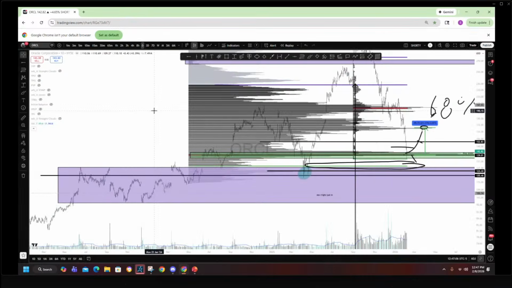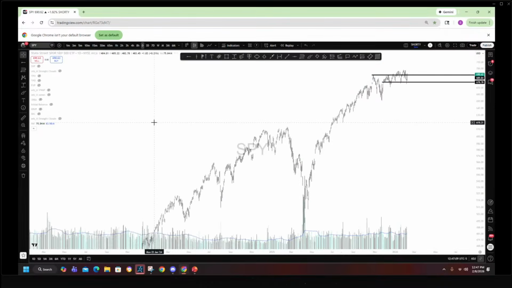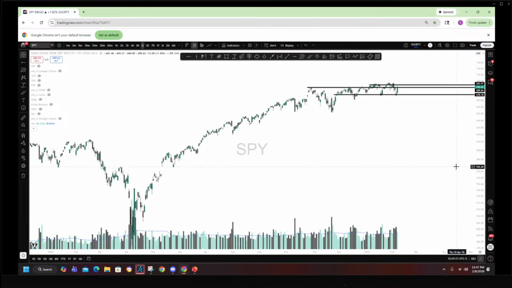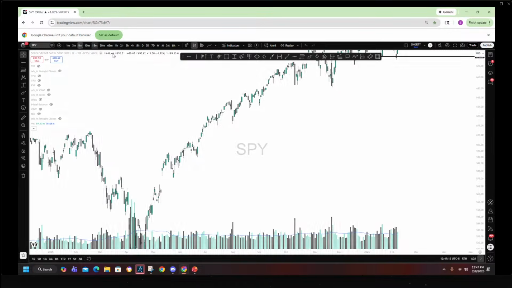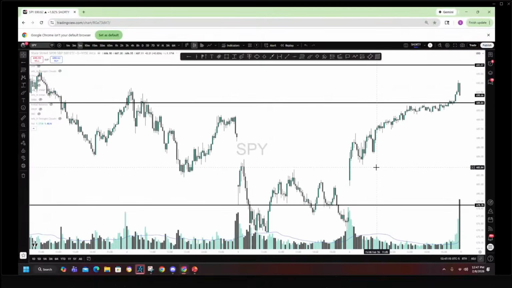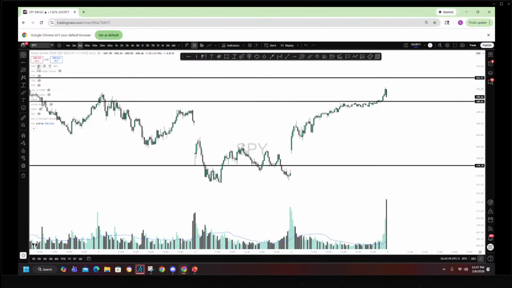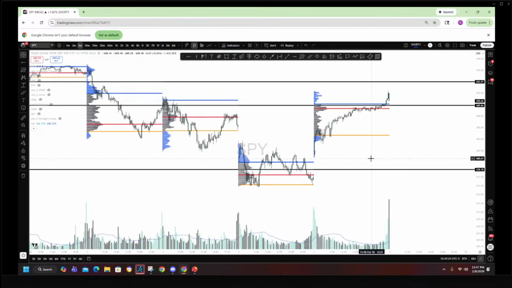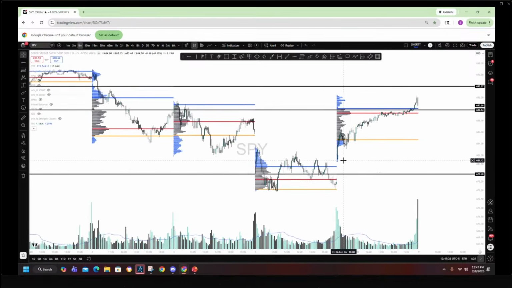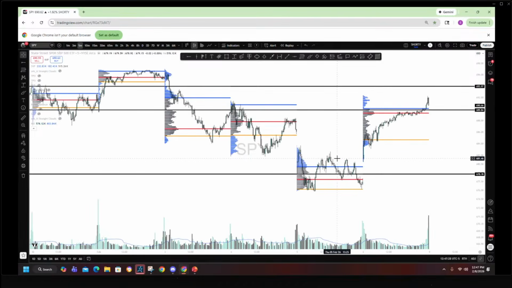So let's look at SPY. Get SPY on 5 minutes. I'm just going to turn on SVP for a second. At what point could you have shorted here?